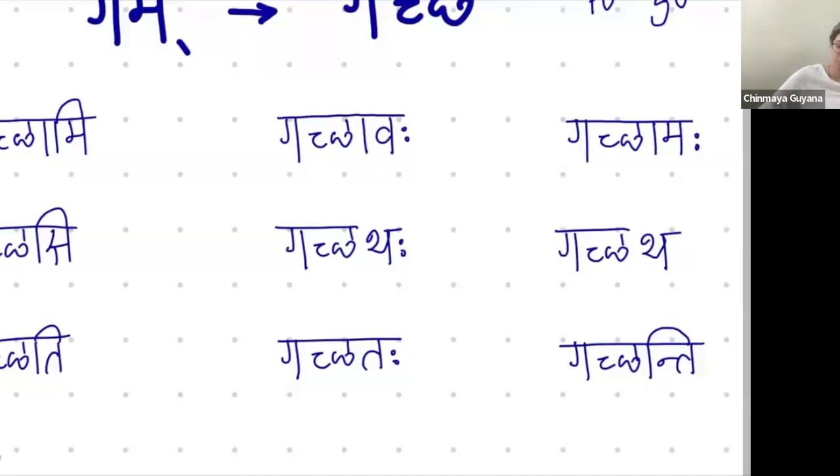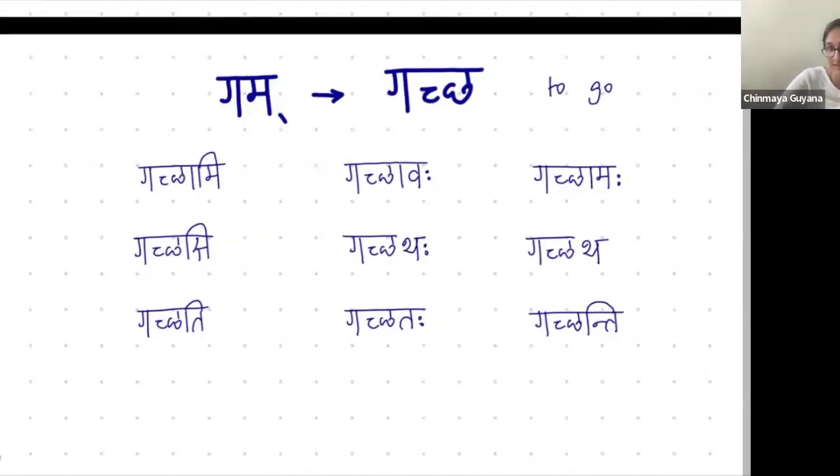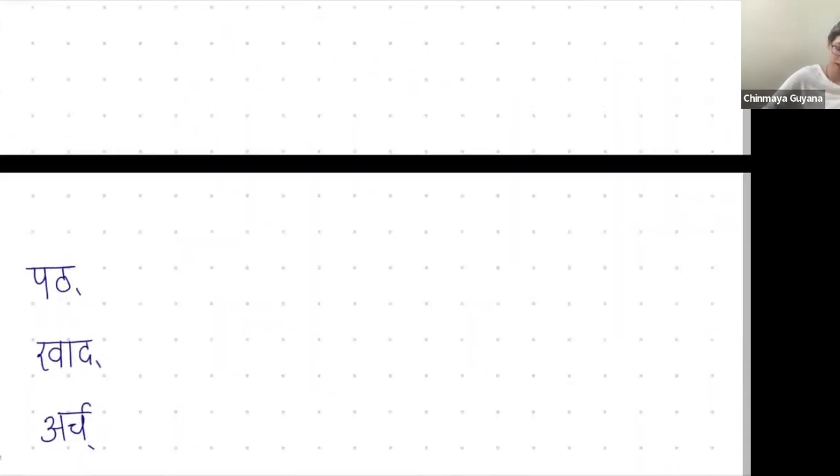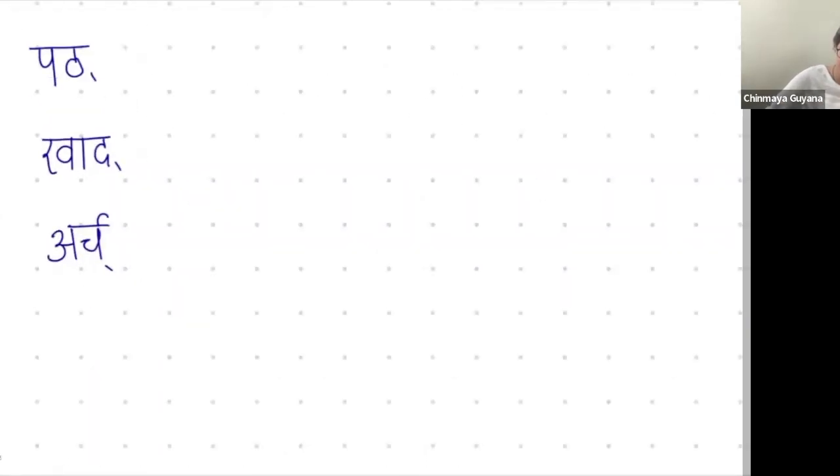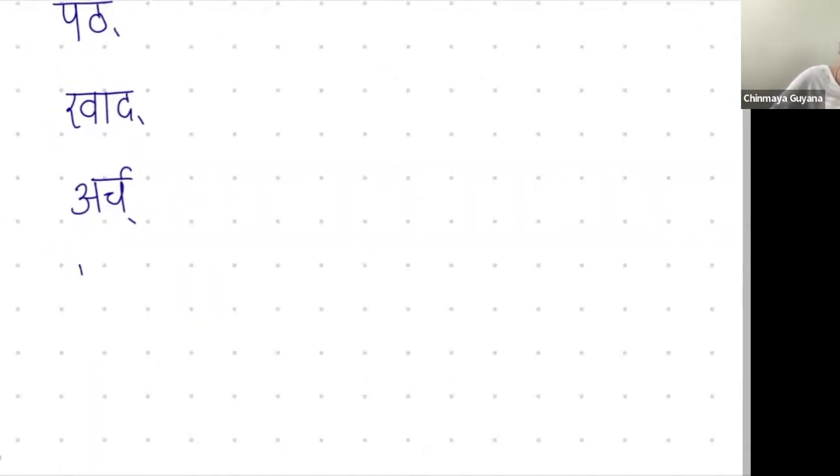Okay, so now I want to tell you all some things about verbs. First of all, we have seen verbs like bhu, kad, arch, where you just remove the halant. Then we have seen a verb like gum that becomes gacha.